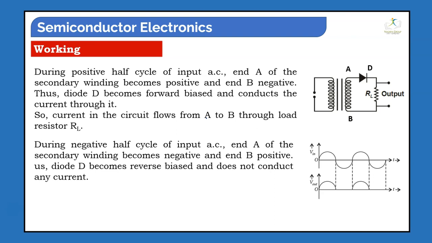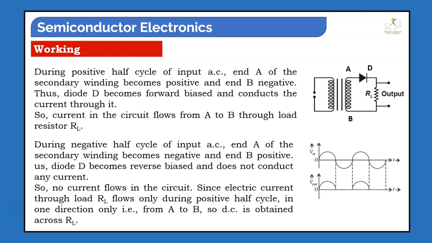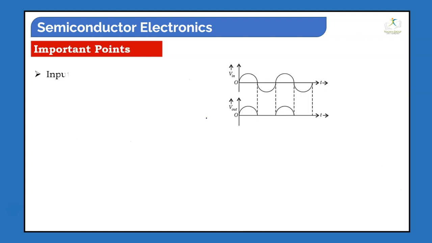During the negative half cycle of the input AC, end A of the secondary winding becomes negative and end B becomes positive. So diode D becomes reverse biased and does not conduct any current. Again, no current flows through the circuit, since current through the load resistor RL flows only during the positive half cycle, in one direction, that is from A to B. So a direct current is obtained.